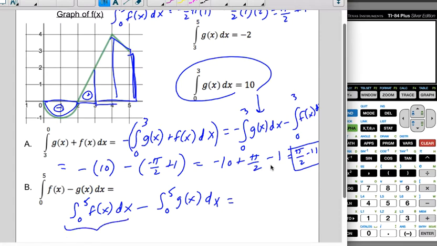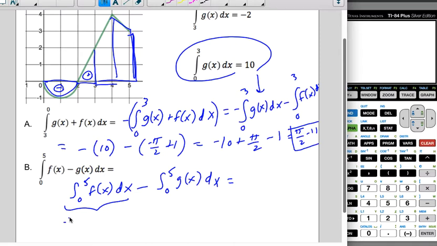I'm going to argue that it is the existing value you already found, which was the negative pi over 2 plus 1, plus height of 1, bases of 2 and 4, so 1/2 of 1 times the sum of the bases, plus this one, which is again a height of 1, and this is a 3 and a 4, so 1/2 of 1 times 7.